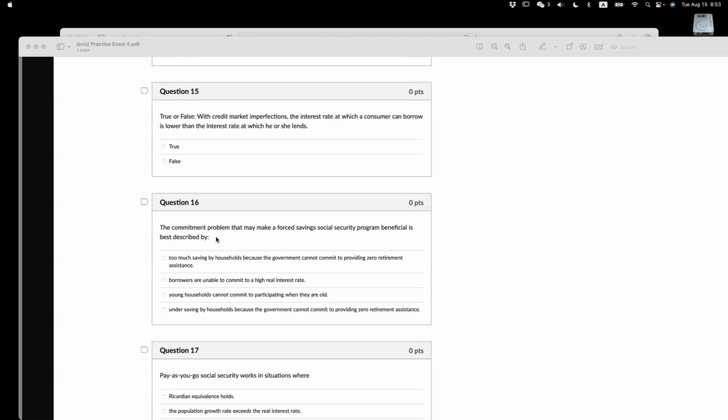The commitment problem that may make a forced saving social security system beneficial is basically described as, the last one, under saving by households, because the government cannot commit to provide zero retirement assistance.